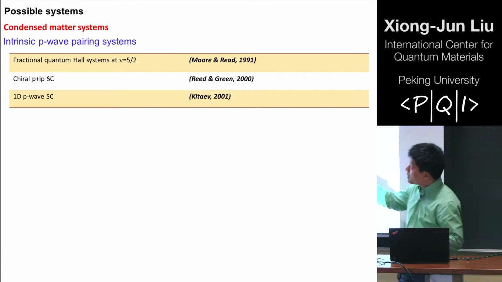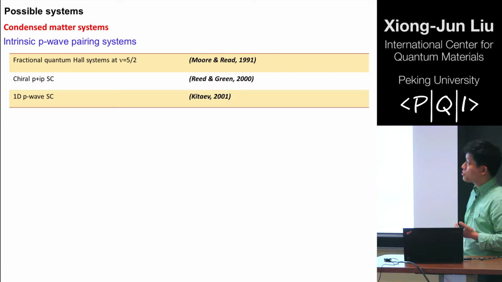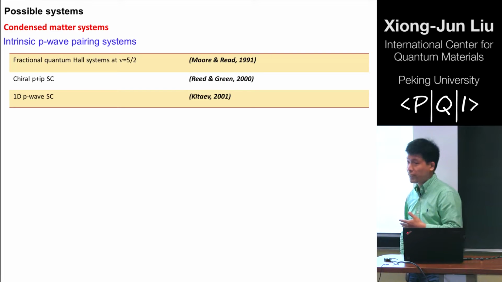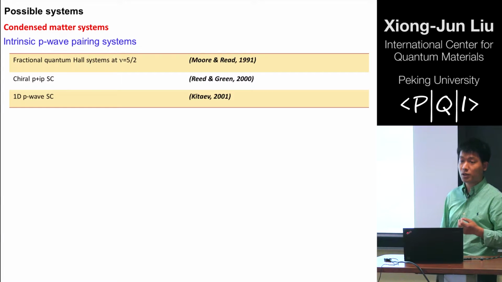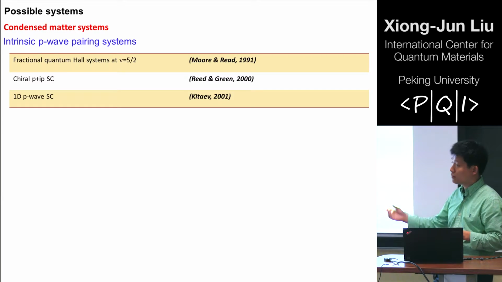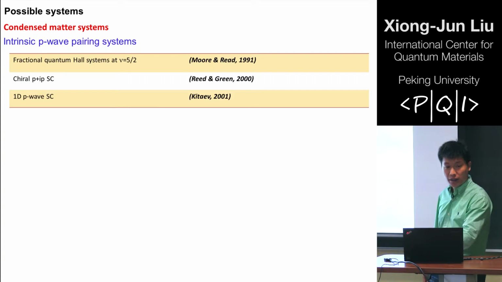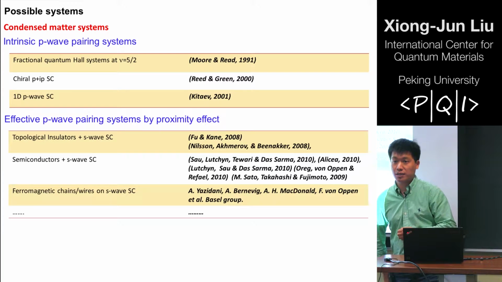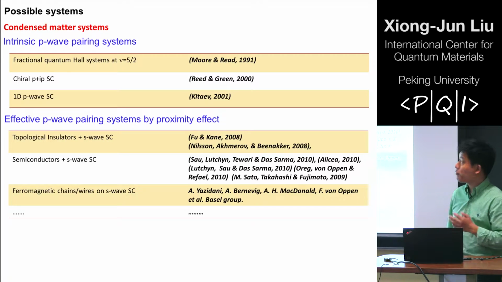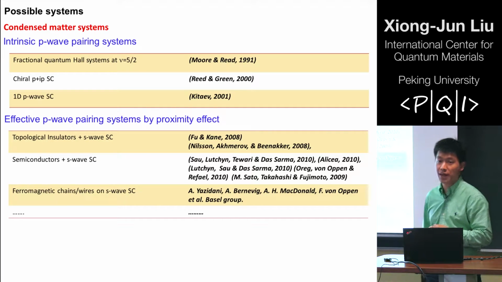The second example is the p plus ip superconductor, and at almost the same time, Kitaev proposed a toy model for the one-dimensional case. You can also obtain the 1D p-wave superconductor, and all these examples correspond to intrinsic p-wave pairings. But recently, people are interested in the effective p-wave pairing based on the proximity effect.